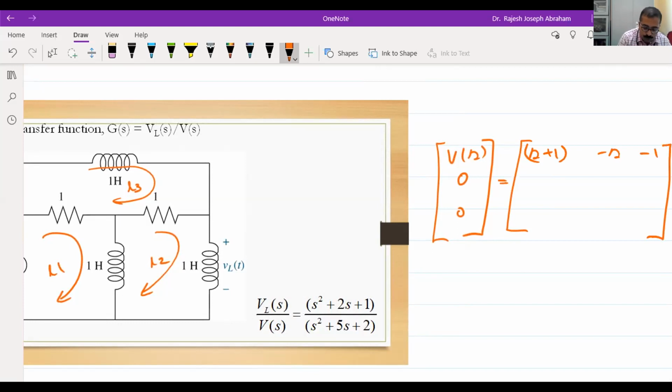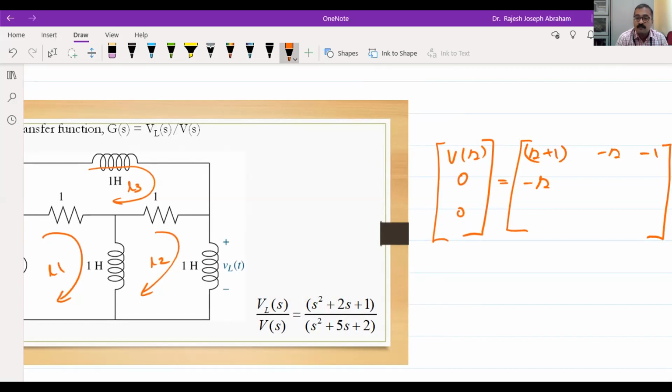Okay, coming to loop 2. So, 2, 1 and 1, 2 are same. Right, which is the impedance common to I1 and I2, that is 1 Henry. So the impedance is S. Okay, S into L, L is 1 Henry, so it is S. Now you see I1 and I2 are opposite directions, so minus S. 2, 2, what are they?